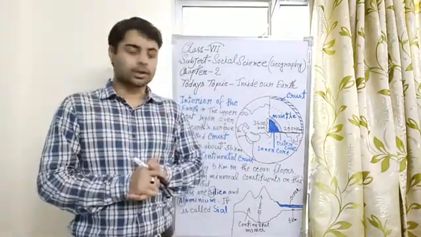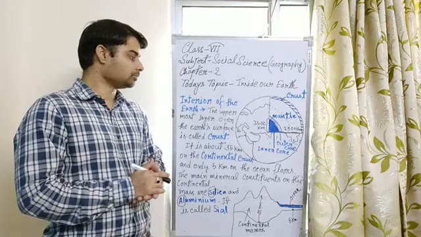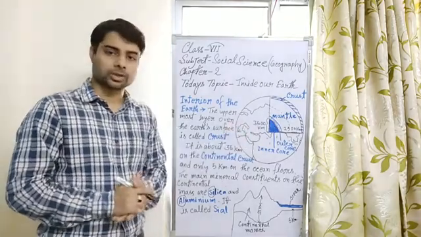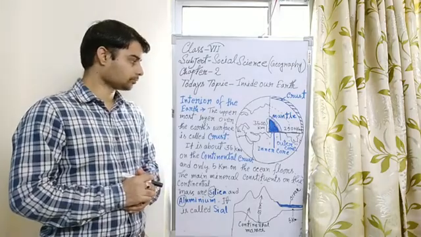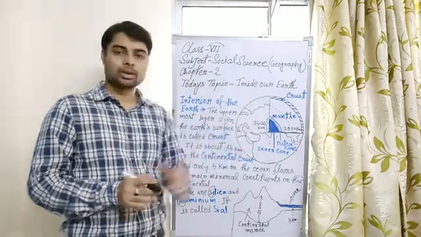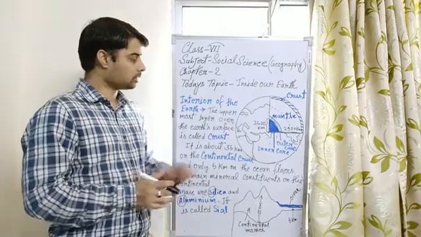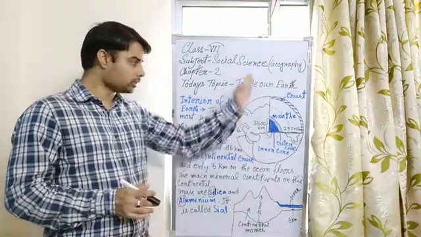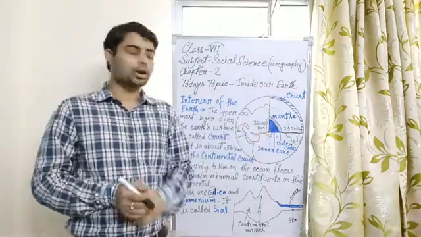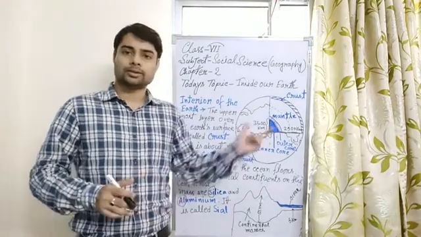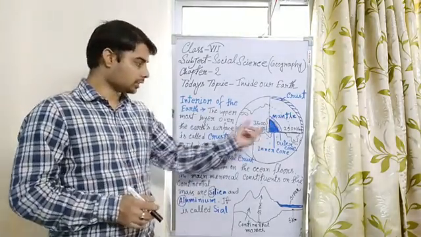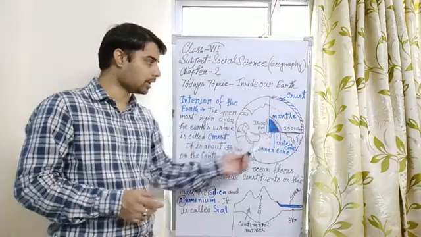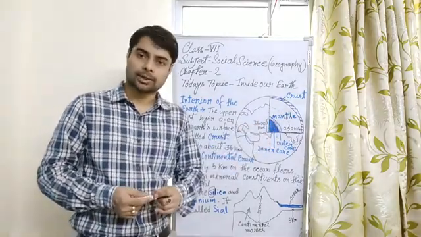Before starting the chapter, I will show you a picture. This is the picture of the Earth's core. It is the picture of the entire Earth, and if we chop a quarter portion of Earth like a watermelon, then we can find the different layers of our earth.